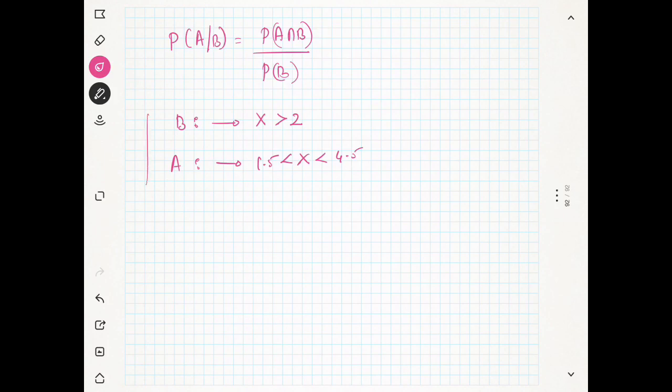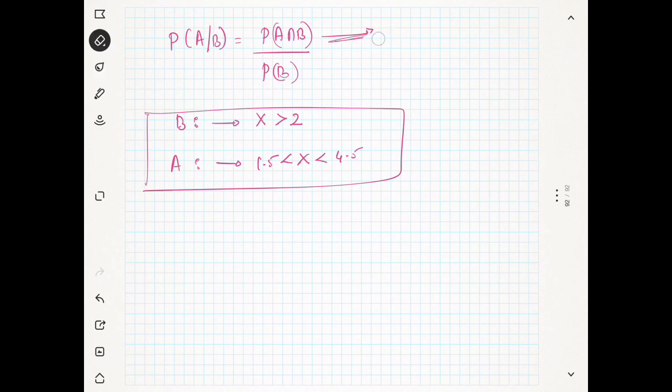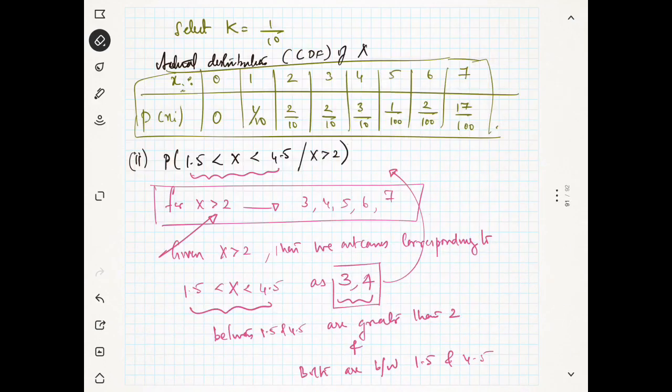These are the two things we have to be very careful about. We have to know the probability of A intersection B, and I told you in the previous slide that A intersection B means I have only two outcomes, that is 3 and 4.